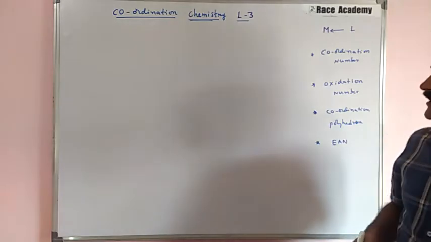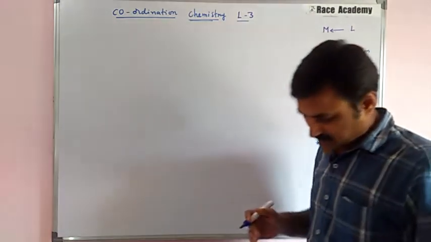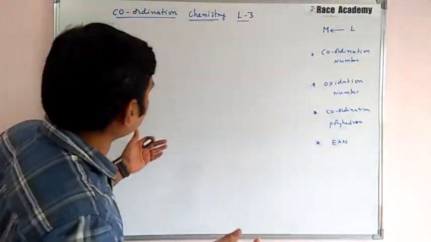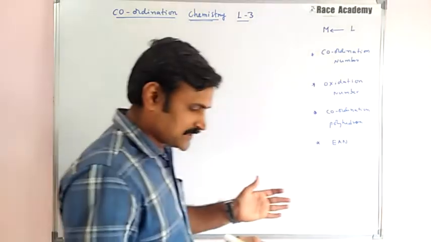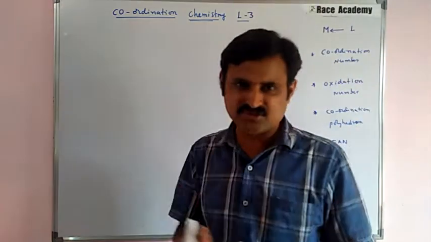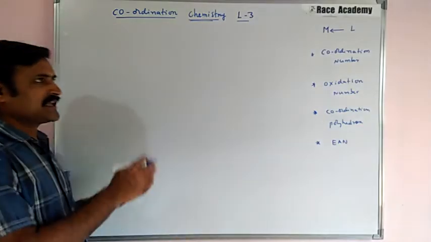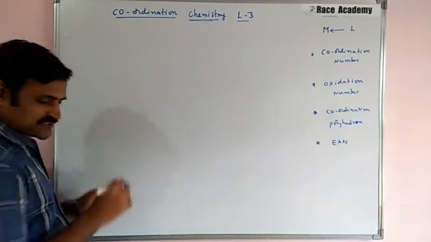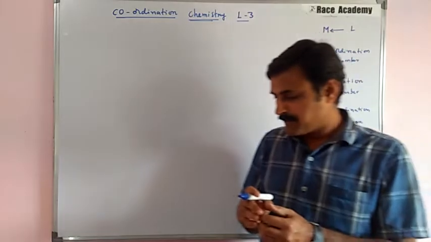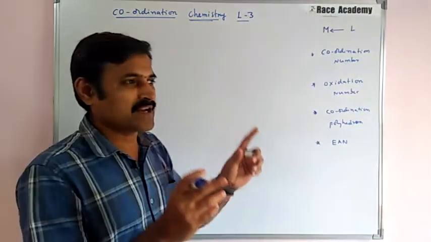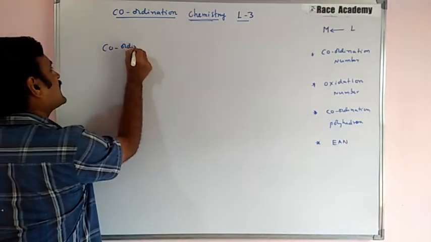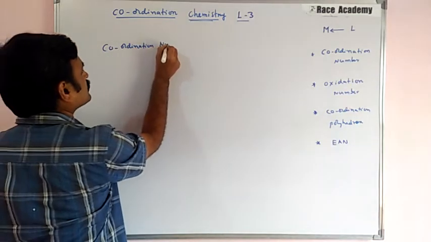First of all, when you are speaking about coordination number, in solids we have clearly explained what the coordination number is: the number of nearest neighboring ions or atoms. In the same way, the coordination number in complex compounds can be defined as the number of ligand atoms attached around the central metal in the complex compound.